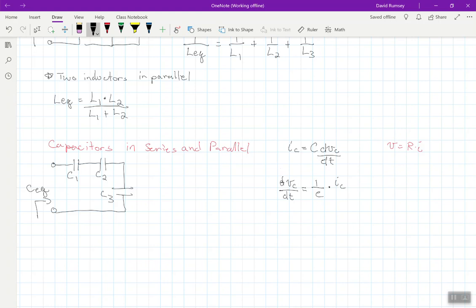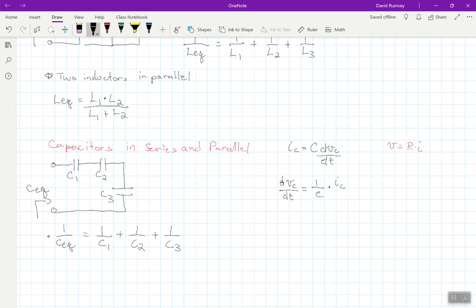And when we have a 1 over C, well, I'm now in a case where I could just add up those 1 over C's because it's in the same form as my Ohm's law. But if I added up those 1 over C's, I'd get 1 over C equivalent, because C is on the bottom, and this would be equal to 1 over C1 plus 1 over C2 plus 1 over C3.